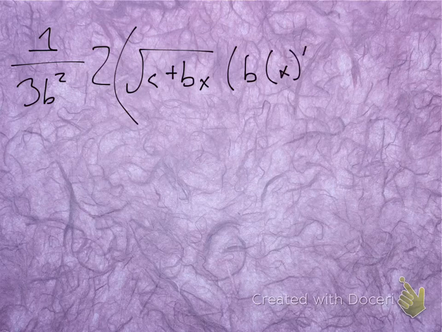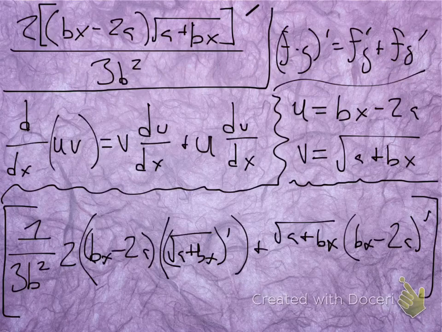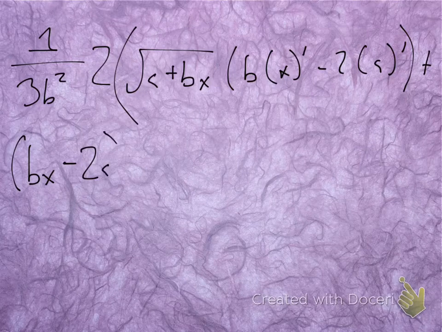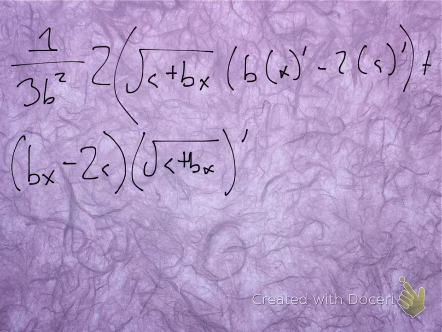Okay, cool. I think then that would be minus 2a prime, plus bx minus 2a times rad a plus bx prime.